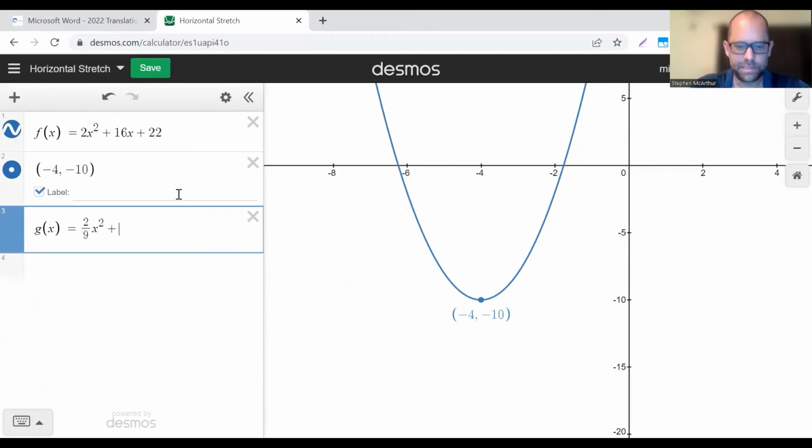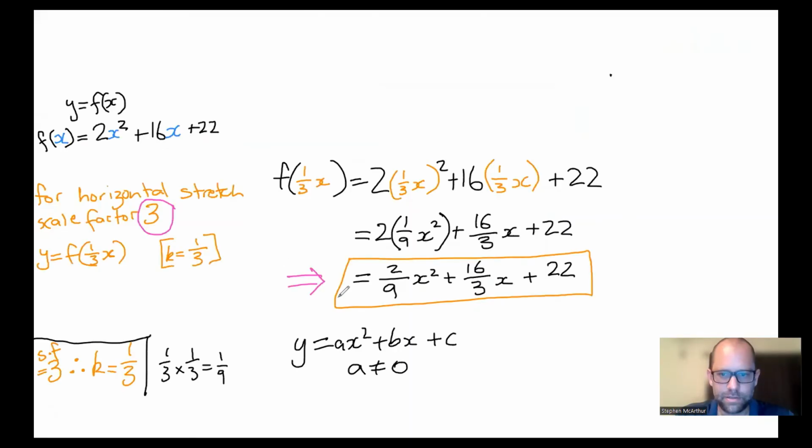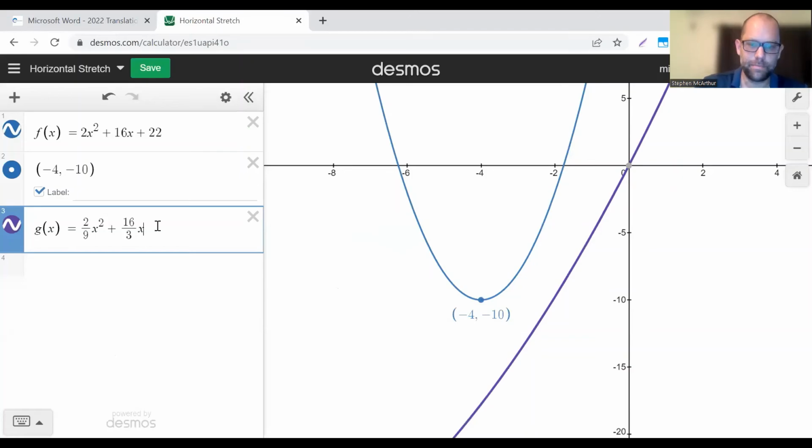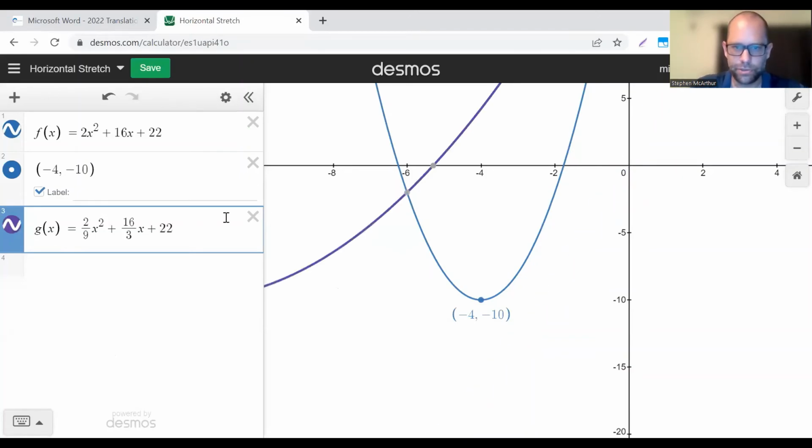What was it? Plus 16 over 3? Did I get that right? I'm going to have to go and have a look. Hang on. Let's go back to the whiteboard for a second. 16 over 3 x plus 22. That's better. Okay. 16 over 3 x plus 22. Right. So that is it there.